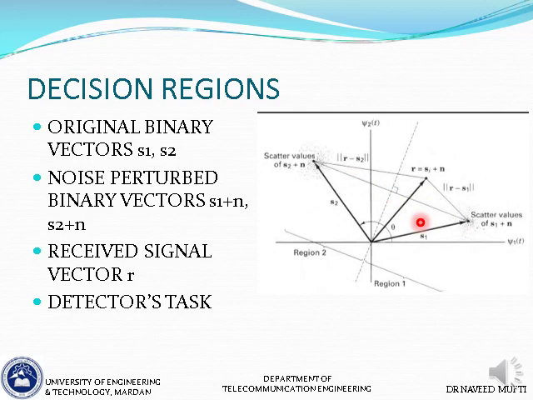Please notice that this bisector passes through the origin of the space if S1 and S2 are equal in amplitude, so that they differ only in phase.